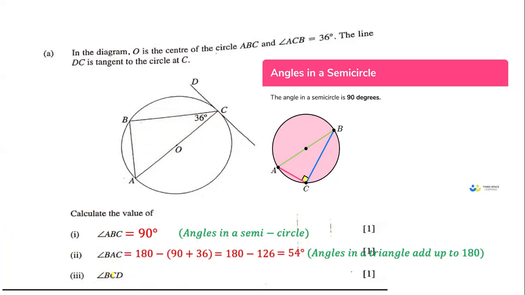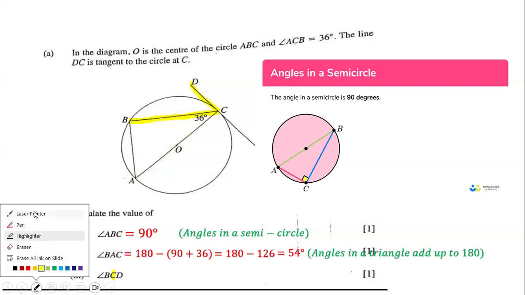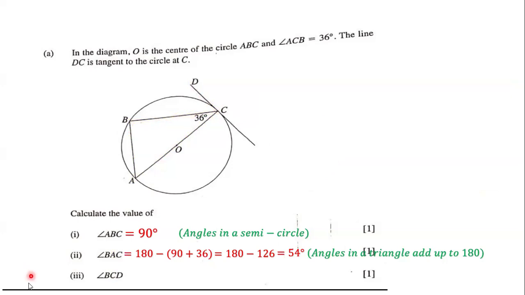We have angle BCD, and we're really focusing on angle C. So we have B, C, and D. Our goal is to figure out the measure of this angle right here. That's what we're trying to figure out.